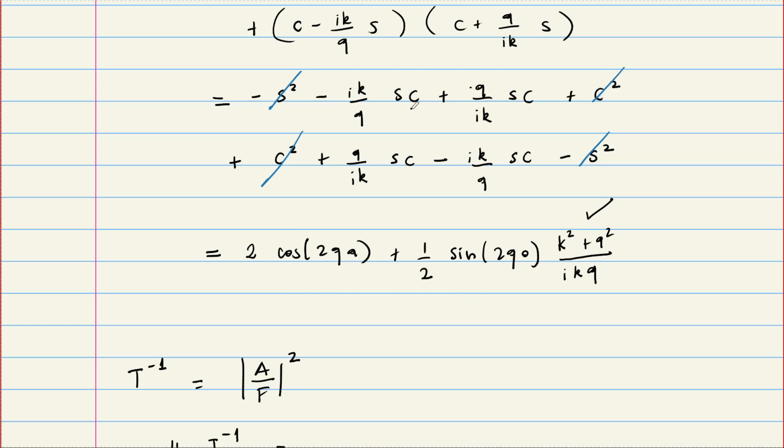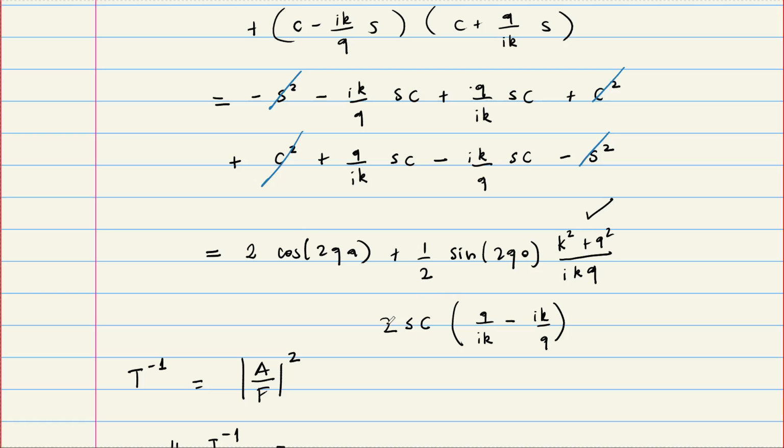And this one is, let me rewrite this thing one more time. So this is SC, and there is 2 of them. And there is Q over IK plus, minus IK over Q. So this is correct.